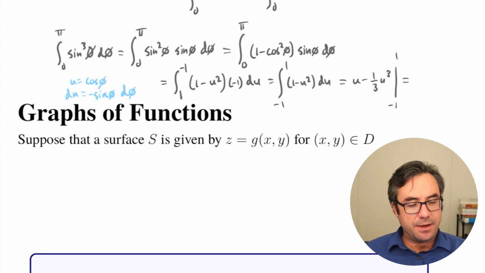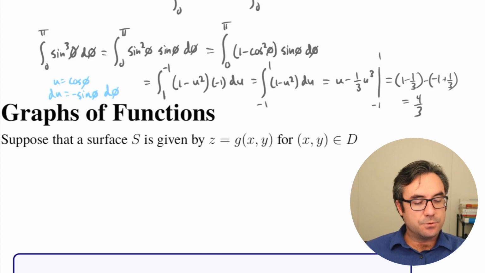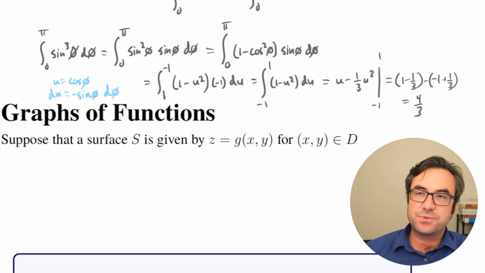We end up with 1 minus 1/3 twice, so 2 minus 2/3, so we end up with 4/3.